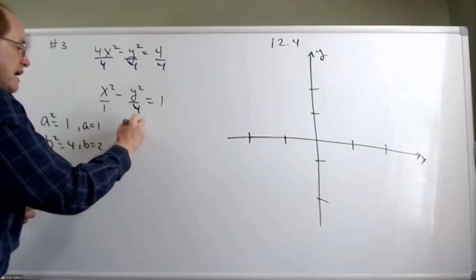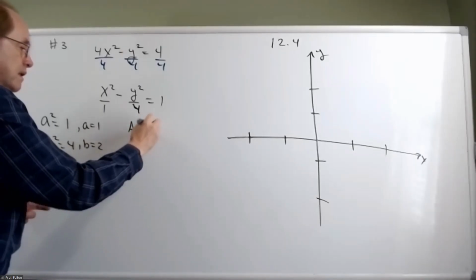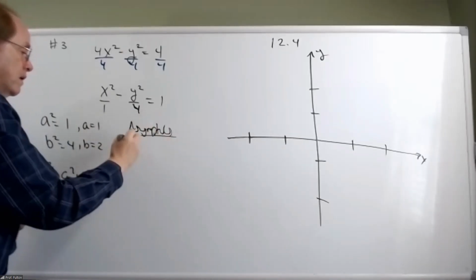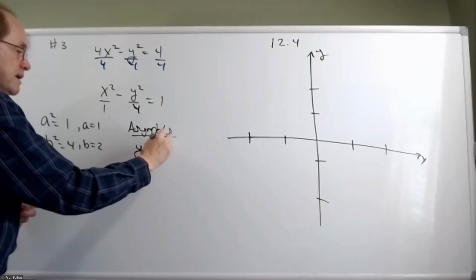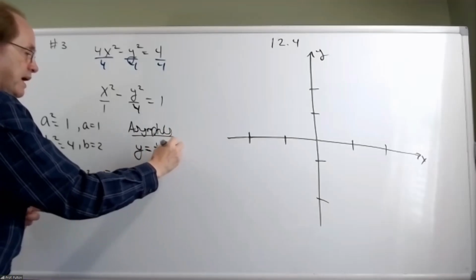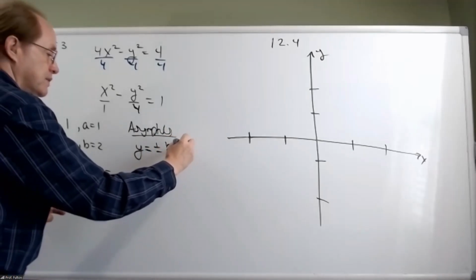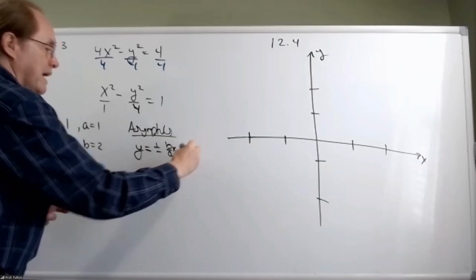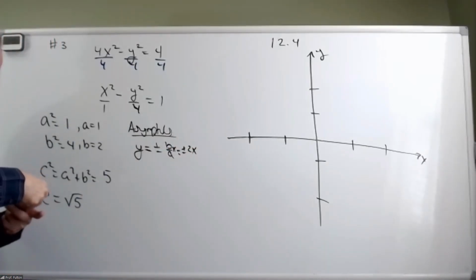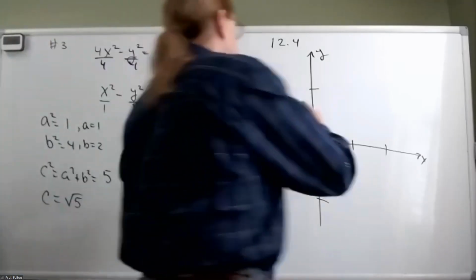I'll write them here, the asymptotes. y is equal to plus or minus B over A. So it's equal to plus or minus 2x. And that creates a little box over here.